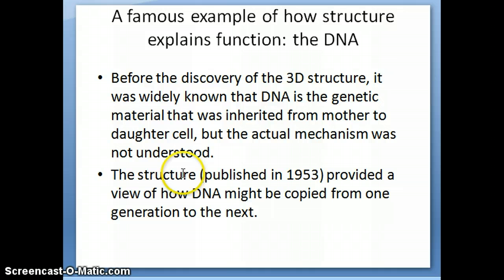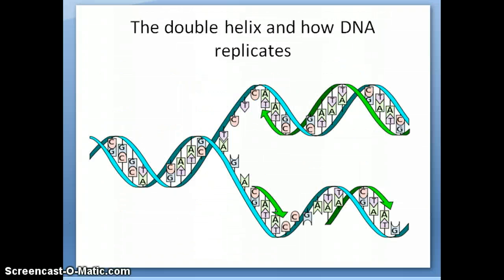Now, the structure of DNA, which was published in 1953, provided a fairly clear picture of how DNA does this. In other words, how it's copied from one generation of cell to the next. And this is shown here, as most of you probably have seen before. DNA has what we call the double helix structure.